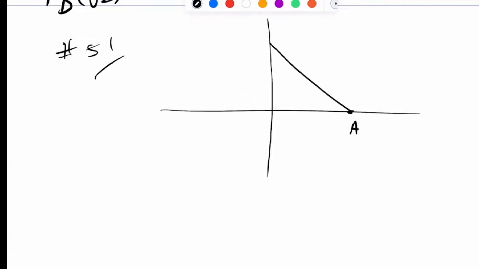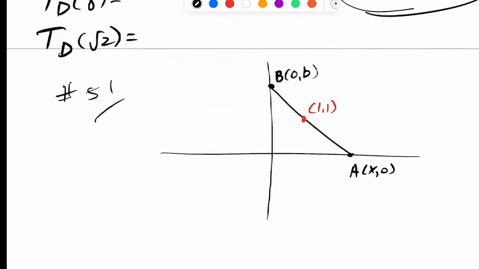For 51 here, this line crosses through the point 1, 1. I have an x-intercept, I can label that x and 0. I have a y-intercept, I can label that 0 and b. The equation of this line is y equals mx plus b.